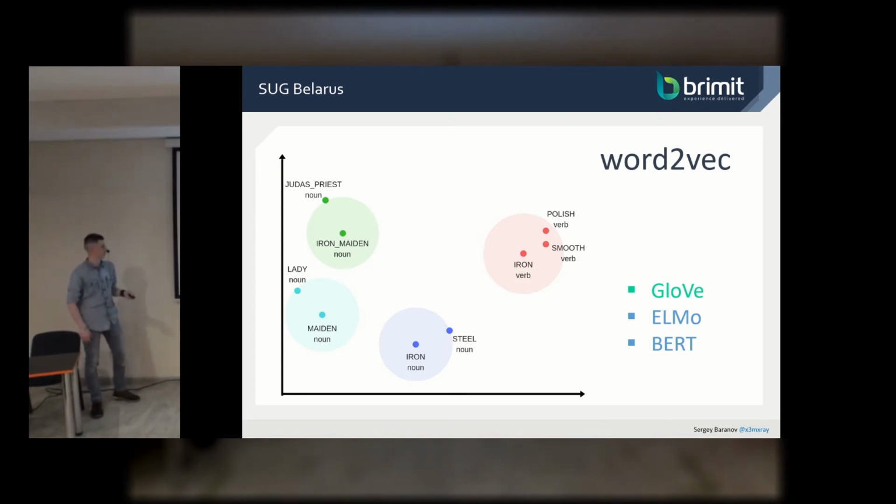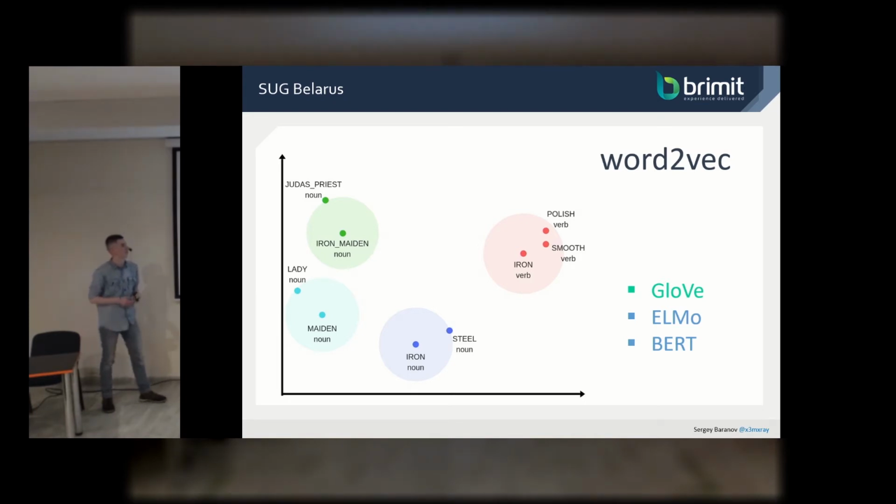For example, if you try to find Iron Maiden, the top relevant result will be Judas Priest. And when you find iron, a more relevant result will be steel. And if you find, for example, iron as a verb, you'll find verbs like smooth and polish.